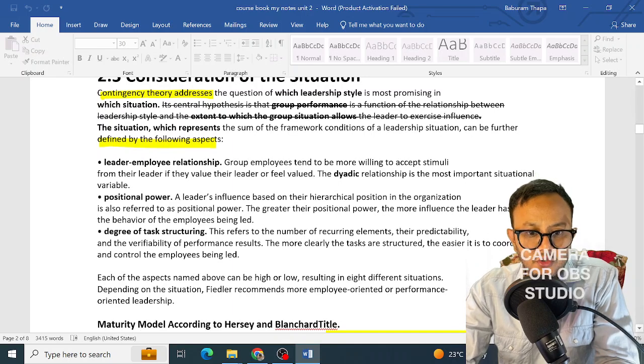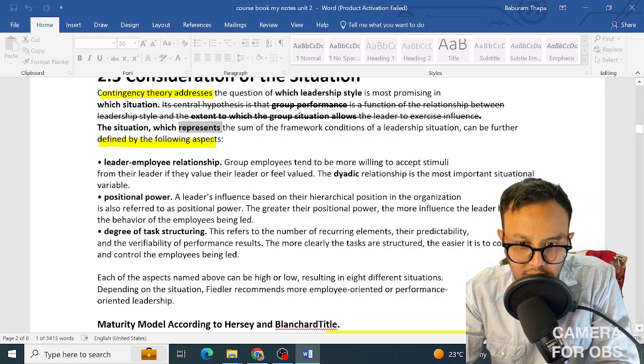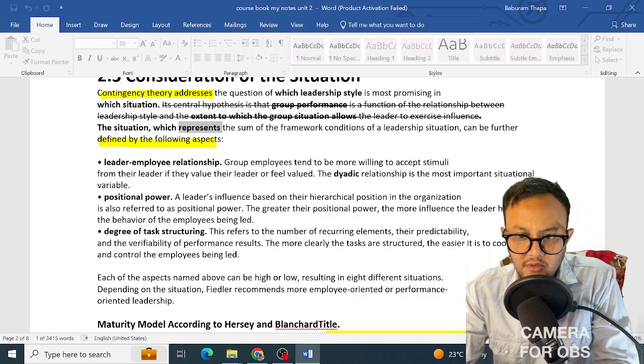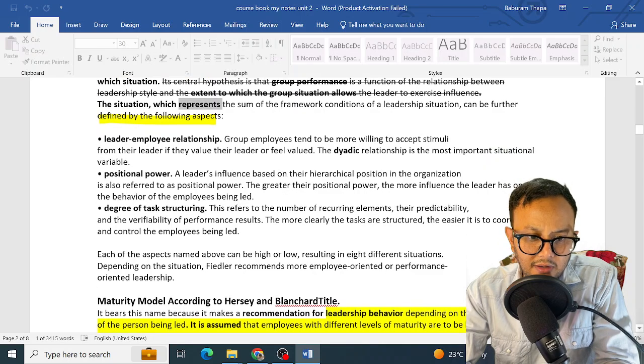So this situation, which represents the sum of the framework conditions of a leadership situation, can be further defined by the following aspects: leader-employee relationship, positional power, degree of task structuring.